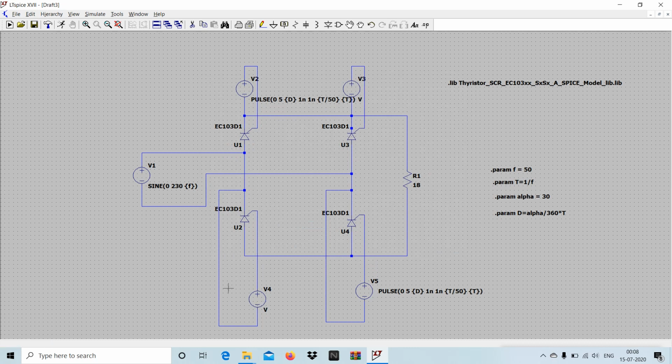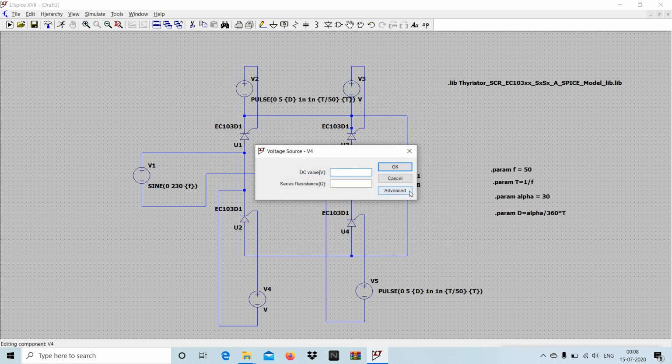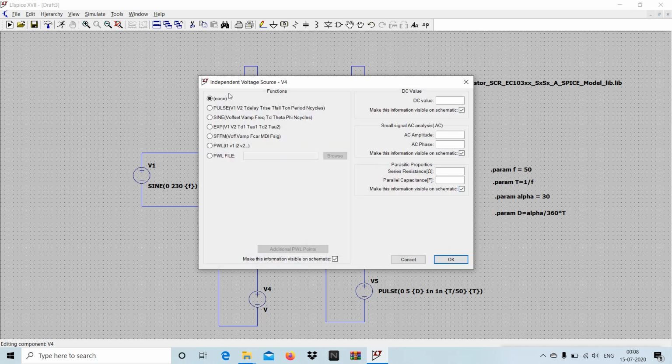Next I am going to give pulses for T2 and T3. Here, plus delay plus T divided by 2, because these conduct after the positive cycle, meaning they conduct in the negative cycle.